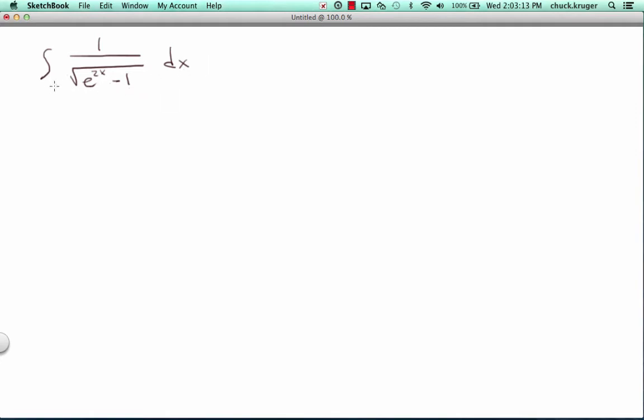But I don't have this value in here, but I'm going to proceed anyway and see where it takes me. So I'm going to write this as the square root of e to the x, squared, minus 1 squared. So g of x is equal to e to the x, and a is equal to 1.